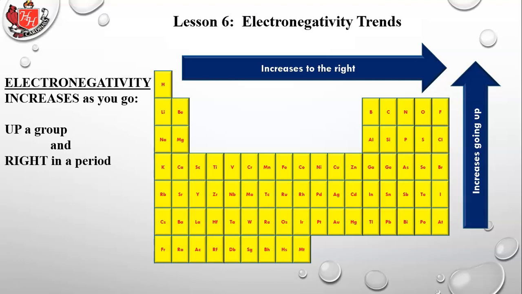They're not very good at pulling in outside electrons. So in other words, the strong ones are the ones in the upper right, the weaker ones are the ones in the lower left. You'll hear me refer to the non-metals over there on the upper right side as being the strong guys, and the weak guys as being the ones over on the left. And this is the same as ionization energy.